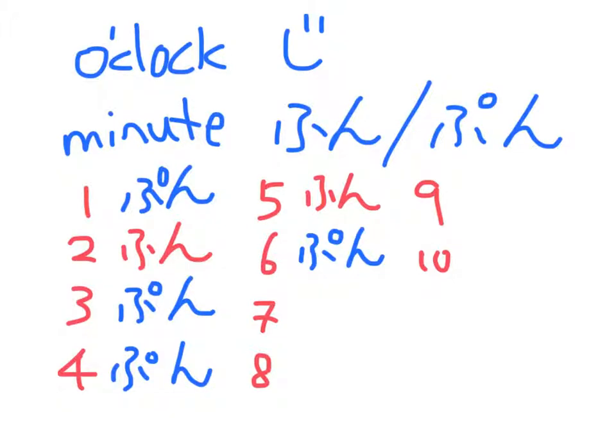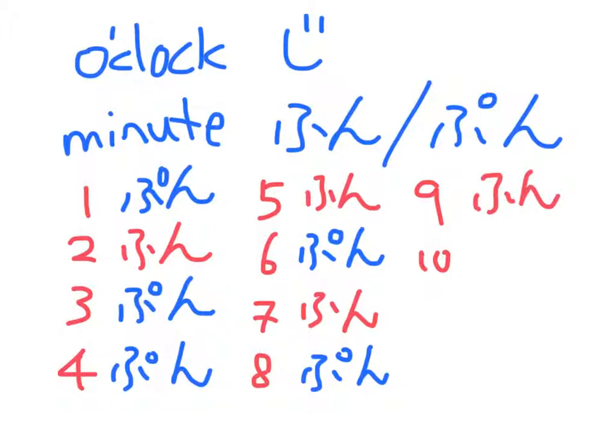So the ku is replaced by a small z as well. 7, 7分 or 7分. It's up to you. Number 8 is 8, but now it changes to 8分. Number 9, 9分. So 9 minutes, 9分. 10, 10分.